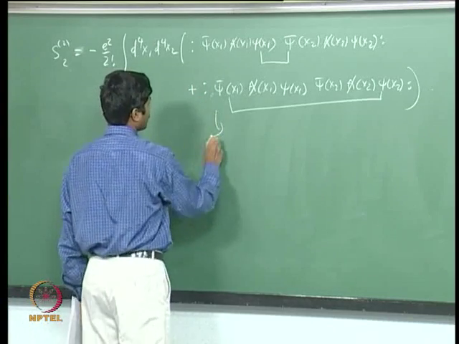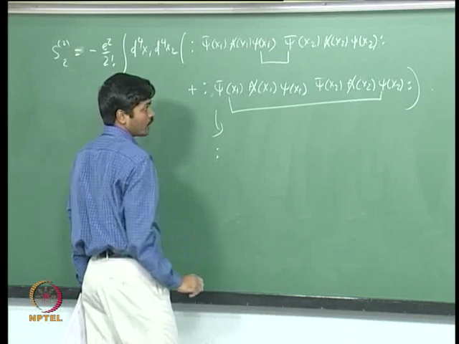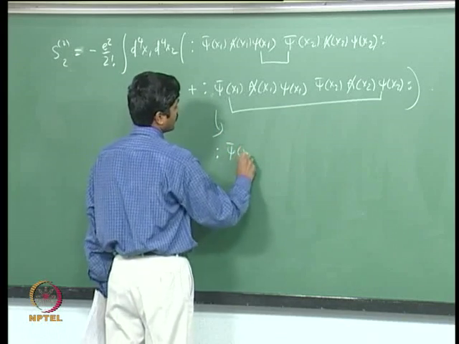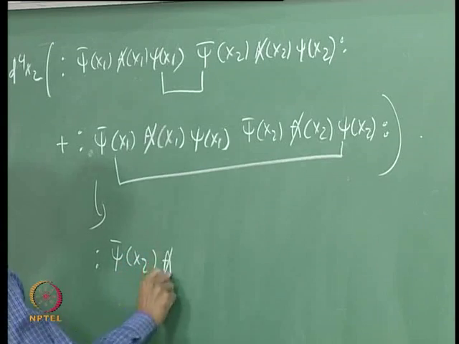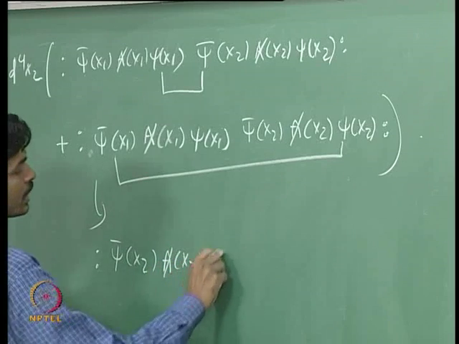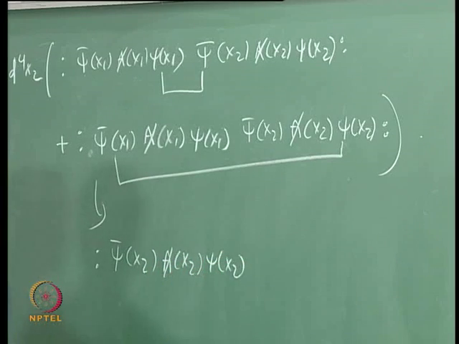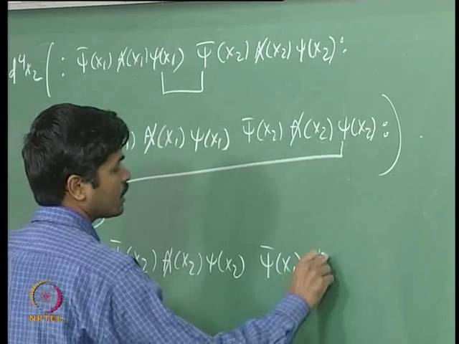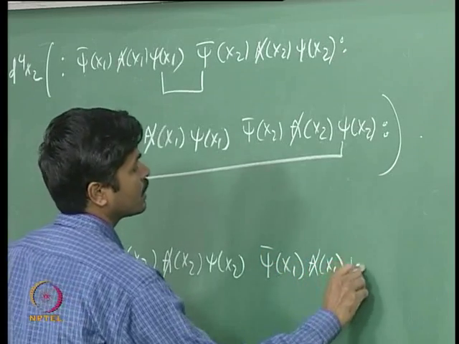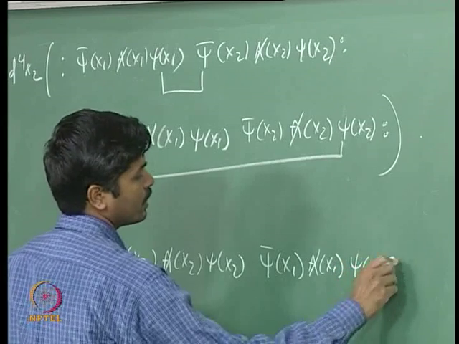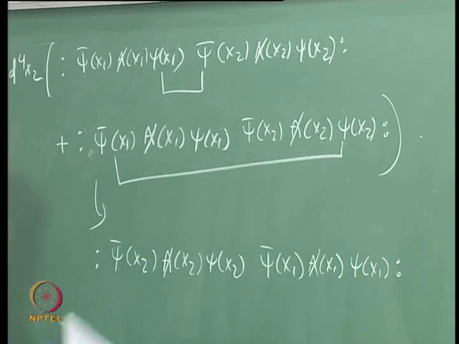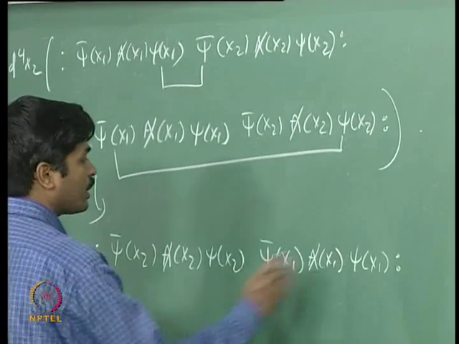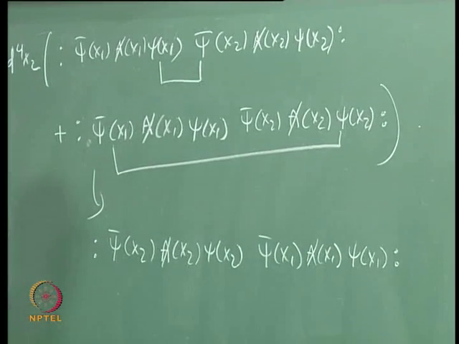So the second term here is normal order product of psi bar x2 A slash of x2 psi x2, psi bar x1 A slash of x1 psi of x1. If it had contained an odd number of fermions, then you may or may not have changed sign.